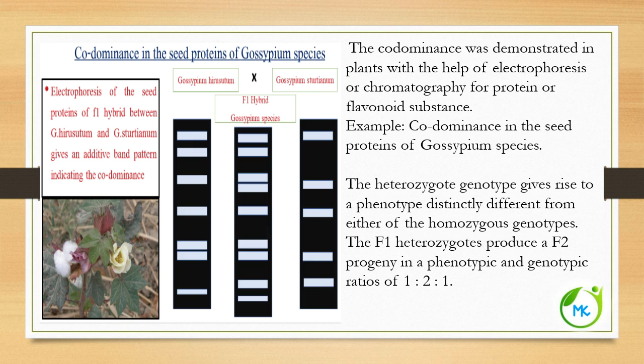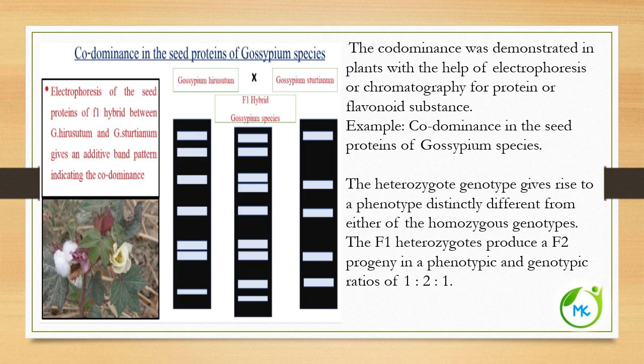Next, the heterozygote genotype gives rise to a phenotype distinct from either of the homozygous genotypes. So the F1 heterozygote produces F2 progeny in a phenotypic and genotypic ratio of 1:2:1. So once again, let's see the banding pattern in case of Gossypium plant. So the F1 hybrid was tested for seed proteins by electrophoresis. Both the parents have different banding patterns for their seed protein.